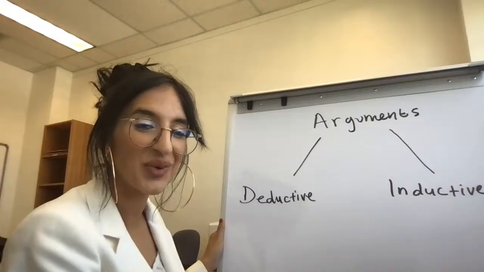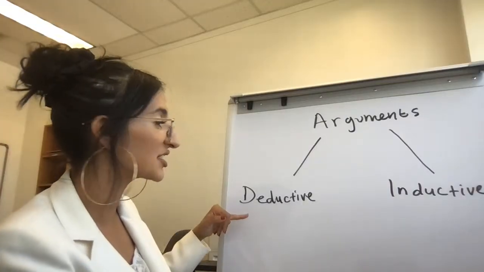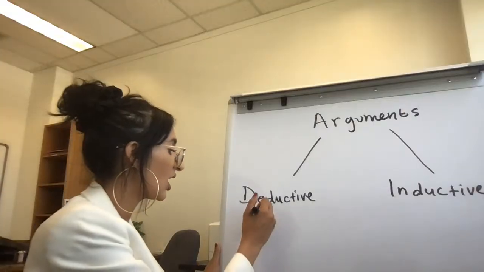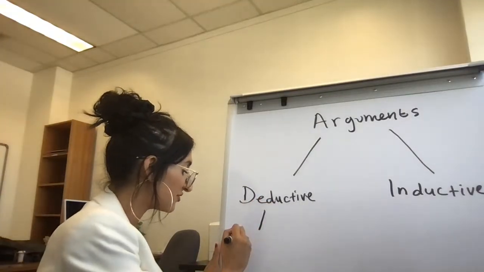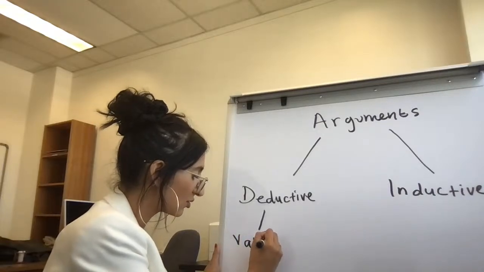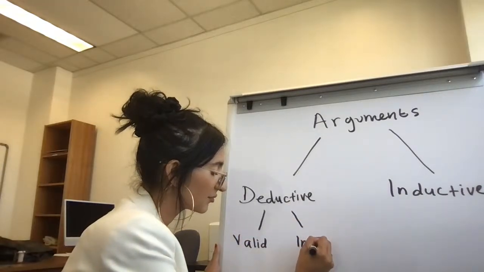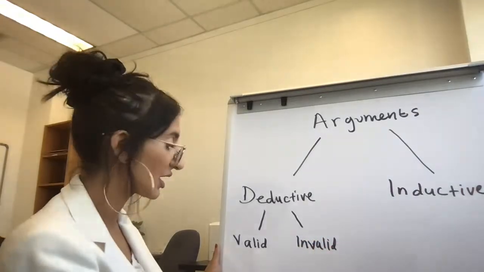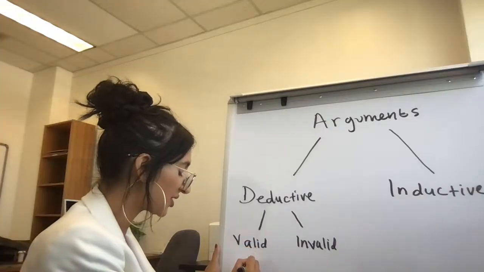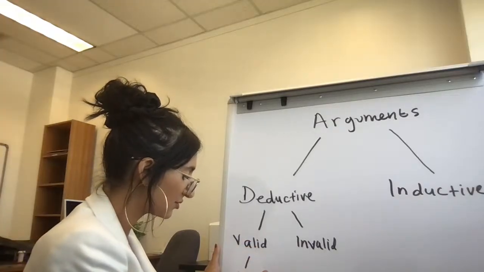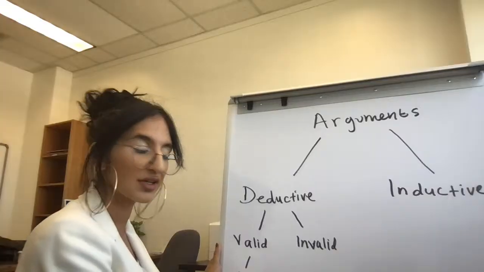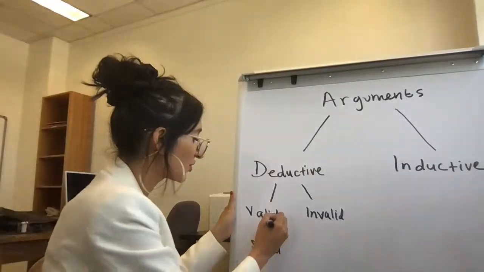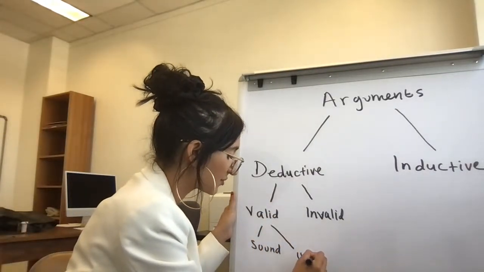Now, when it comes to deductive arguments, I'm going to write this out first and then explain as I write it out. A deductive argument can be valid or invalid. And a valid argument can be sound or unsound.